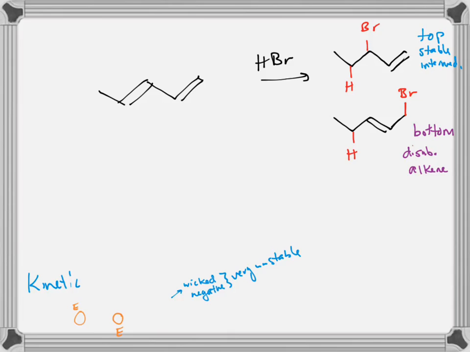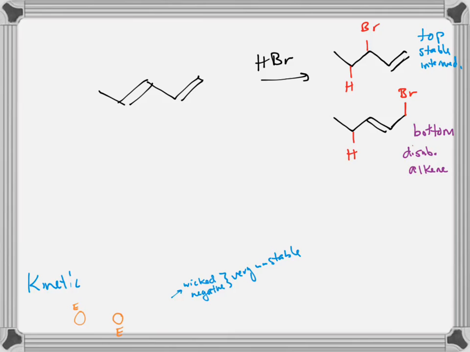But realize we're talking about two different things. Teresa, you were talking about the intermediate. Megan, you're talking about the product. Okay? Well, which one dominates? It depends if it's SN1 or SN2. No, it's not substitution. I mean, elimination. It's not an elimination. It's an addition. It depends on the reagent conditions that we're running under and temperature conditions.